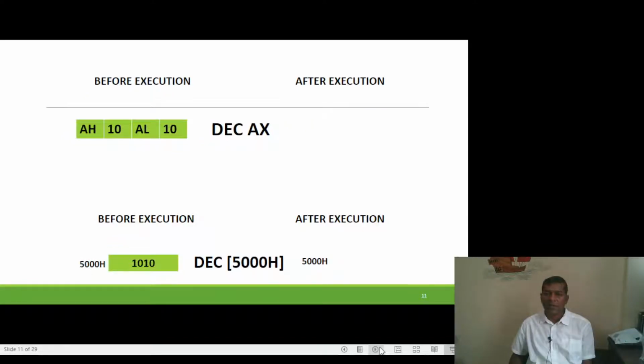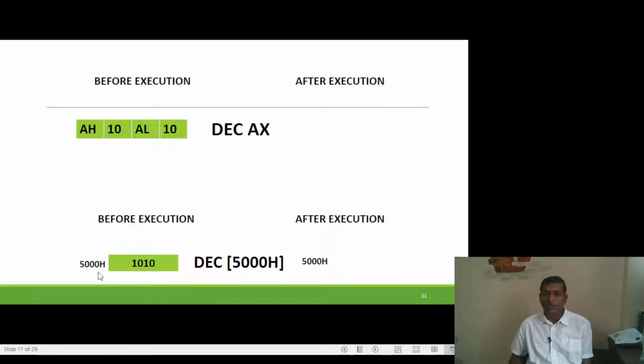So this is the example. AX contains 1010. After decrement, it will subtract 1 from the contents. Another example is decrementing the 5000 location.